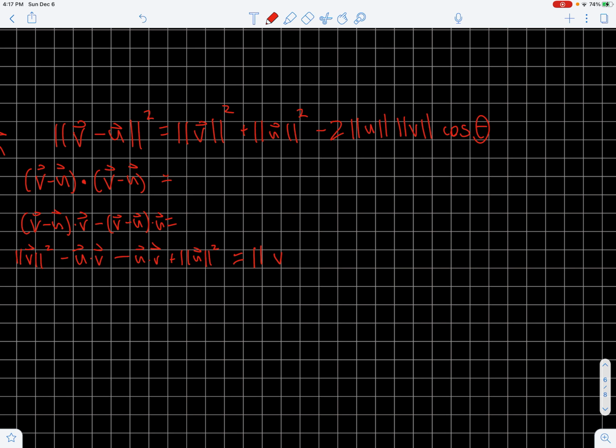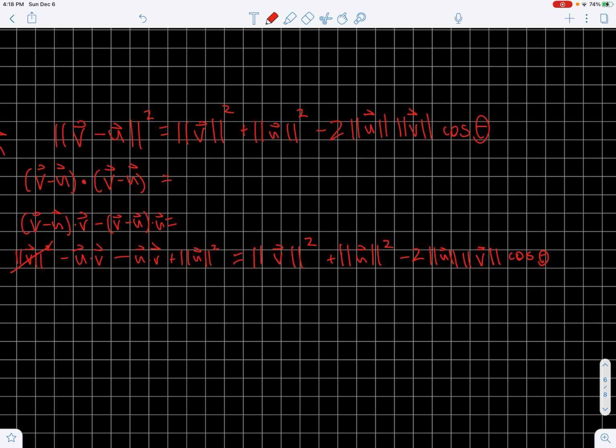And we know that all that is equal to norm of v squared plus norm of u squared minus 2 norm of u norm of v cosine theta. And if I forget the fish hooks, guys, sorry, it's my bad.